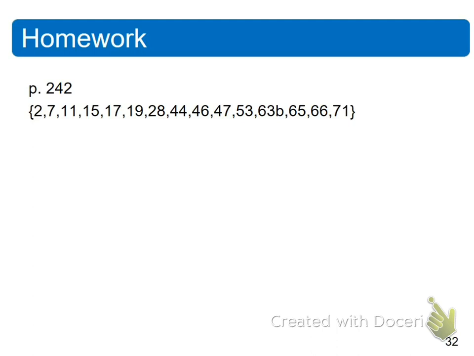Intervals over which the function's increasing. Okay, let's see if you have the same as me. Here's mine. I'm saying it's increasing from B to D and from D to F. Now I'm okay if you just said B to F. Why did I break it up?